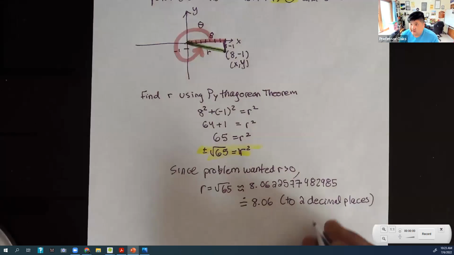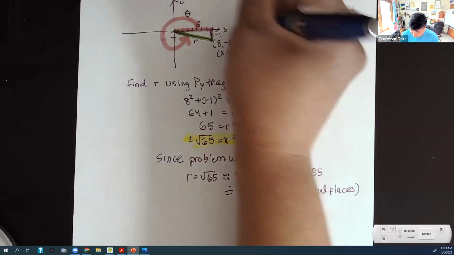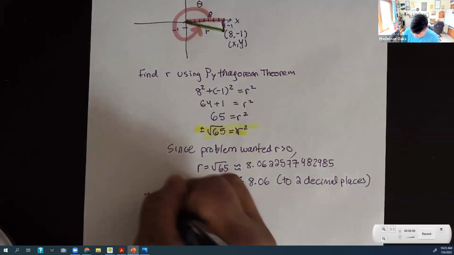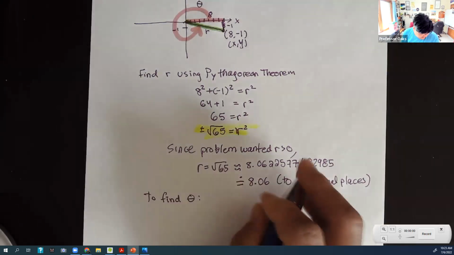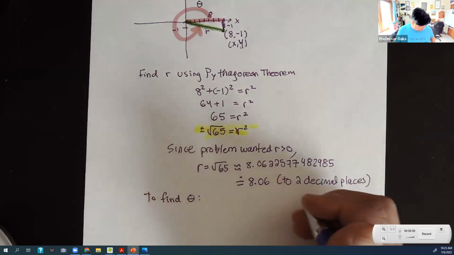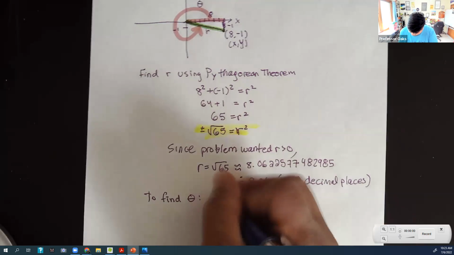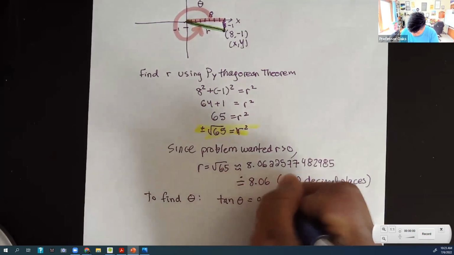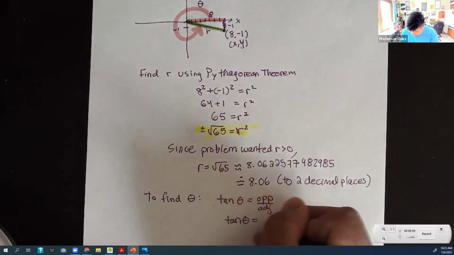So I want you to see though that for this triangle right there, to find the theta, remember that tangent of theta is opposite over adjacent, or tangent of theta is y over x.